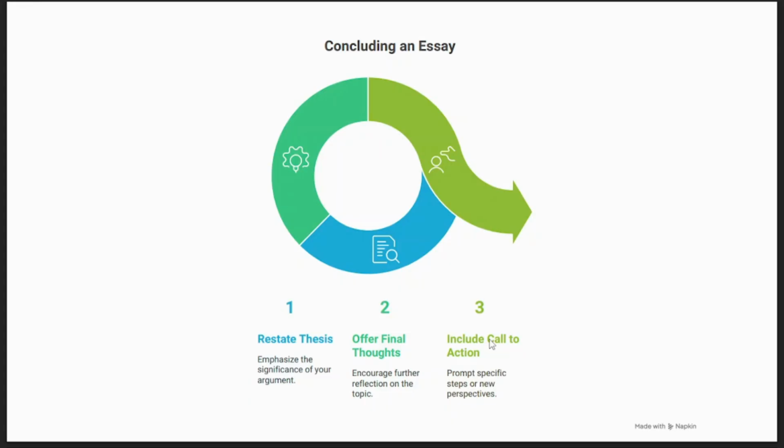Then you're also going to offer your final thoughts, and if you have a call to action, then you state your call to action. You state what you think, or the steps that need to be taken for that thing that you are talking about to be actualized. So here you're just giving your own perspective.